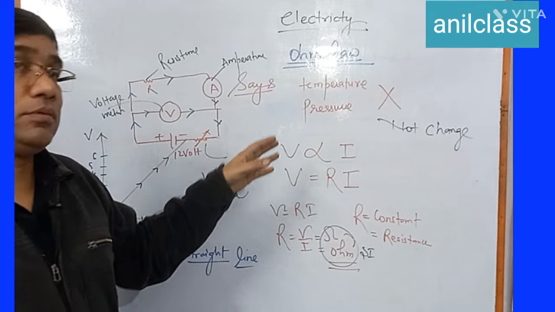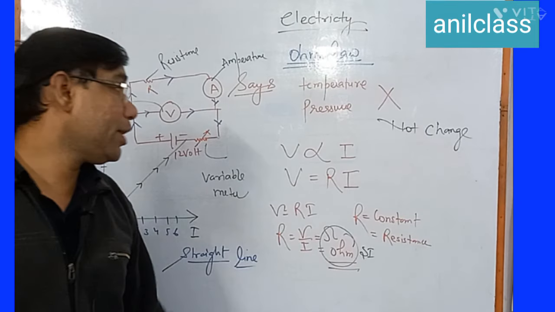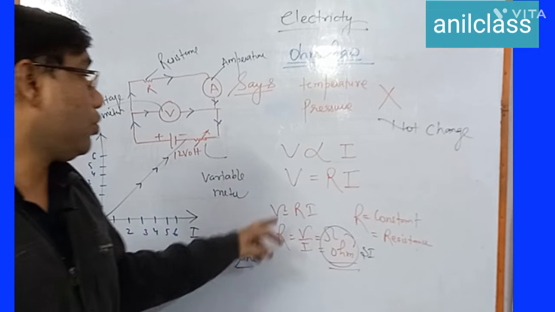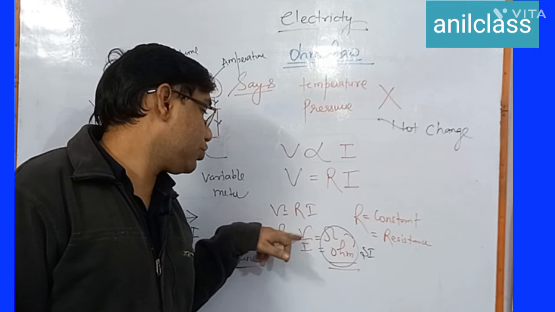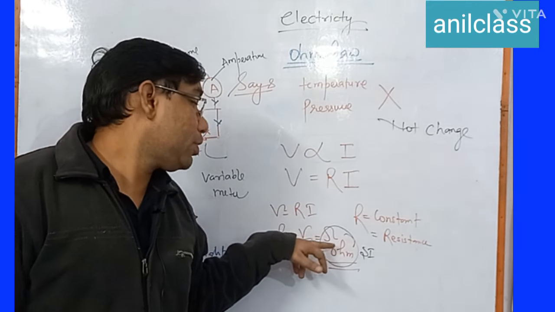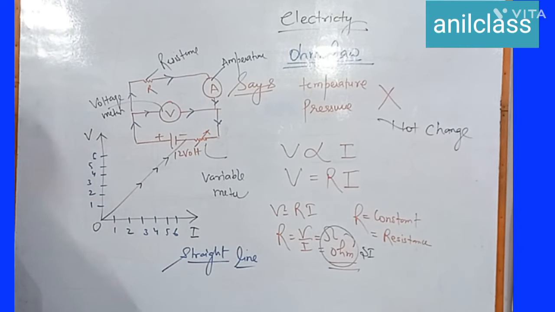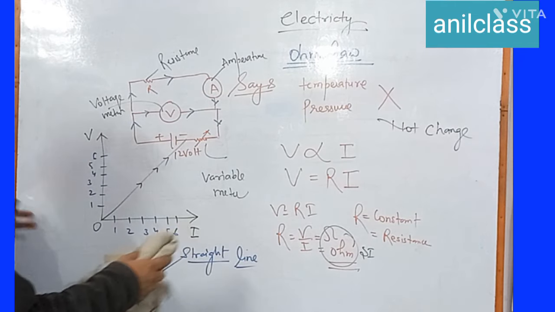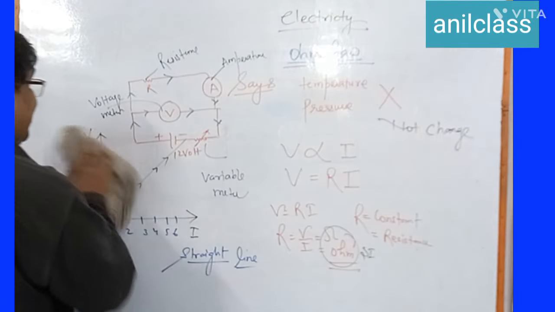Ohm's law says you plot a V versus I graph and always get a straight line. V is proportional to I, and when the proportionality is removed you get V is equal to RI and R is equal to V upon I. The SI unit of resistance is ohm. Now further, the most important questions are series and parallel.